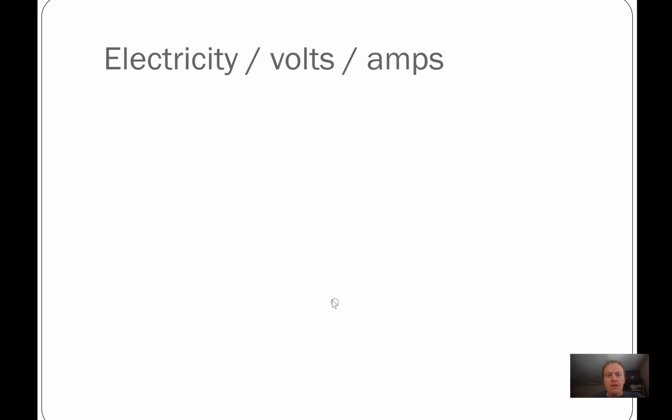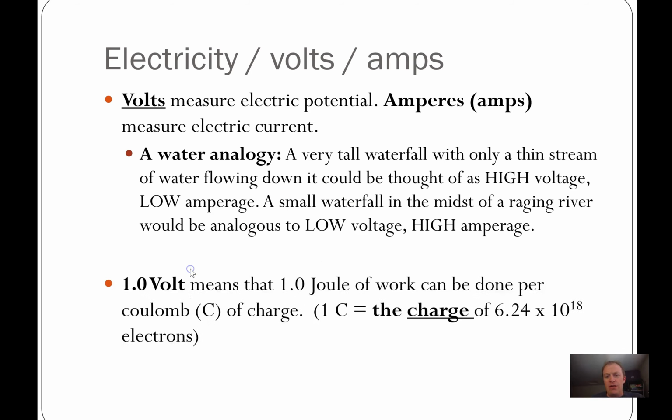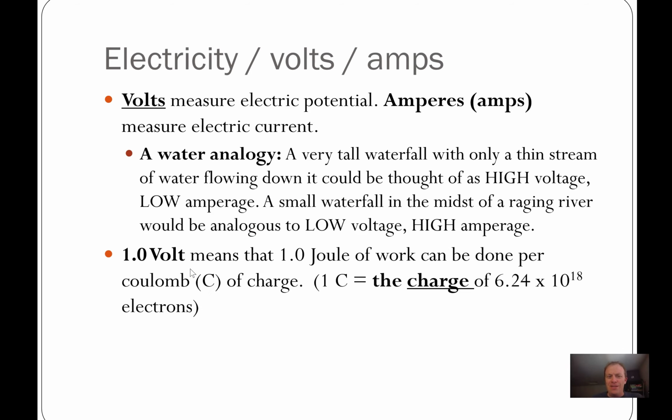To have any hope of understanding this stuff, we do need to understand some basics of terminology. Some things you probably heard before but maybe didn't know exactly what they were. Voltage is a measurement of electric potential, and amps measure current. The definition of a volt means that 1 joule of work can be done per coulomb of charge.